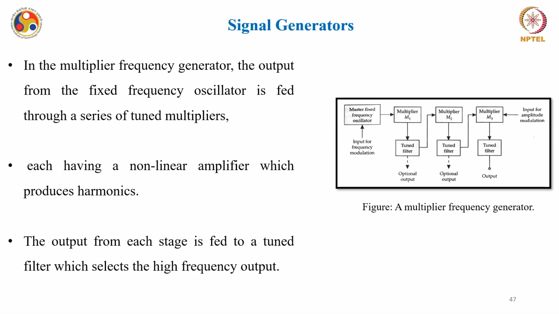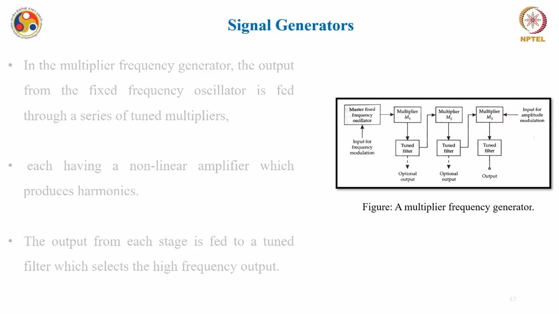In the multiplier frequency generator, the output from the fixed frequency oscillator is fed through a series of tuned multipliers. As you can see, you have multipliers M1, M2, M3 and so on, each having a non-linear amplifier which produces different harmonics. The output from each stage is fed to a tuned filter which selects only the higher frequency output.